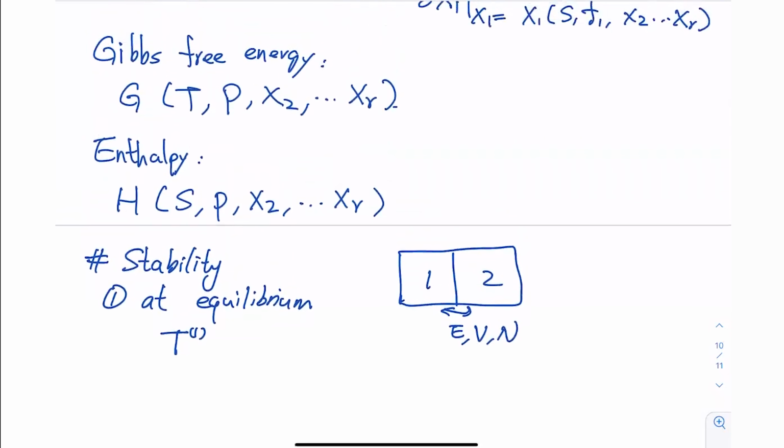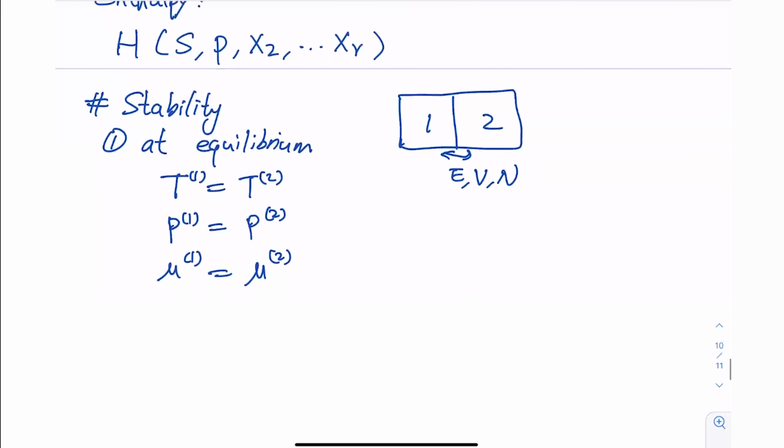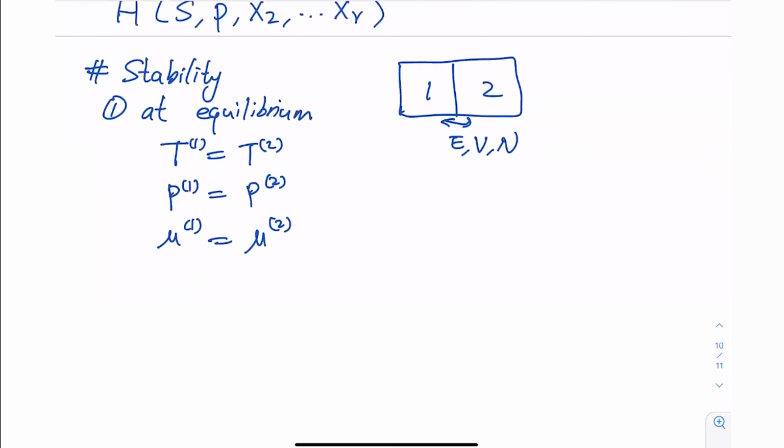Then the equilibrium condition we can derive by maximizing the entropy function. So T1 equals T2, and correspondingly the pressure 1 must be equal to pressure 2 in order for this wall to be fixed at the middle, and the chemical potential 1 should be equal to chemical potential 2 in order for these particles to carry the same amount of free energy.